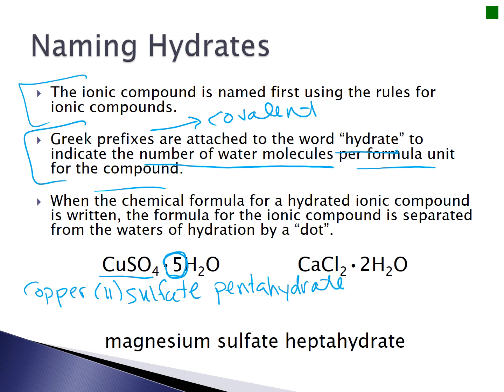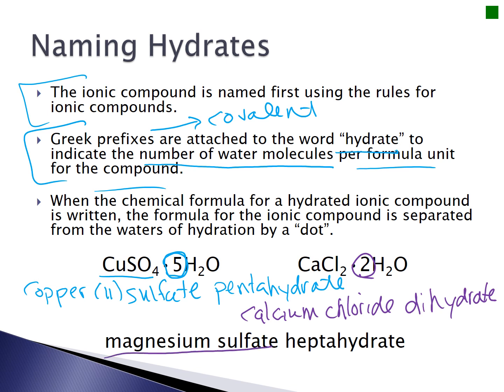All right, the next one, CaCl2 dot 2H2O. This would be calcium chloride, step 1, and then you just say the prefix, which would be dihydrate. Done. Okay, magnesium sulfate heptahydrate. We're going to name this: magnesium has an Mg plus 2.